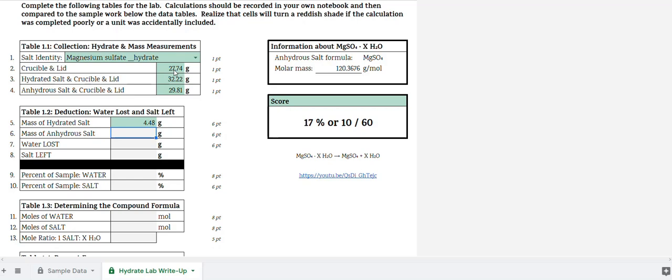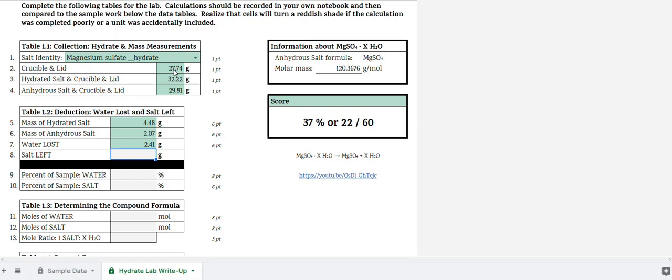To get the mass of the anhydrous salt, I'll take 29.81 and subtract the crucible and lid. This will leave me with 2.07 grams of salt left in the container. The amount of water lost that was boiled out, that was heated out, would be 2.41 grams, or the difference between my anhydrous salt and my hydrated salt.